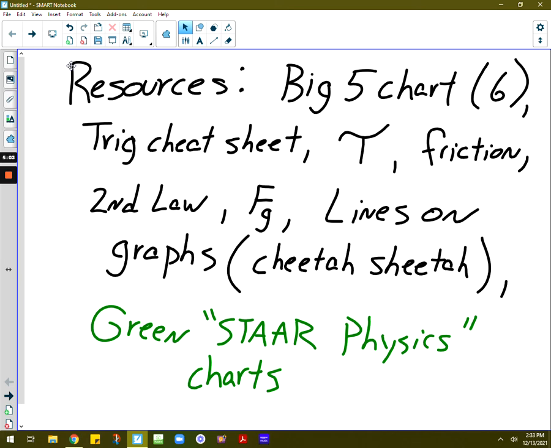I've got a whole drawer full. I got one here. I can make more though. Y'all just let me know what you do need, and I'll make some more. So who needs a Big 5? Okay, I got some.